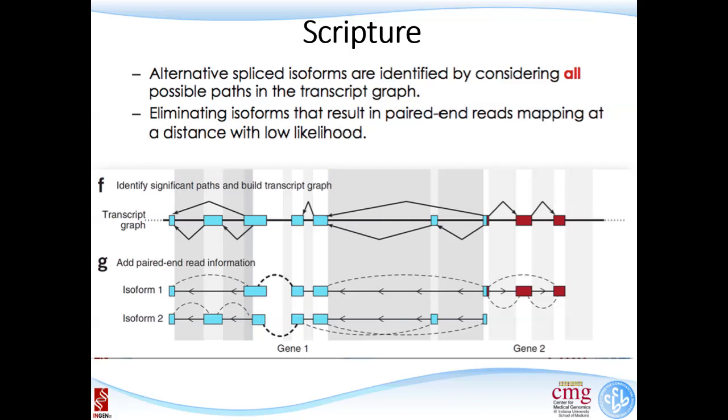The biggest difference that I want to call attention to with Scripture is that you consider all possible paths in the transcript graph. You assign a statistical significance to each of these, and you can filter this significance so that you minimize the number of transcripts that you look for.